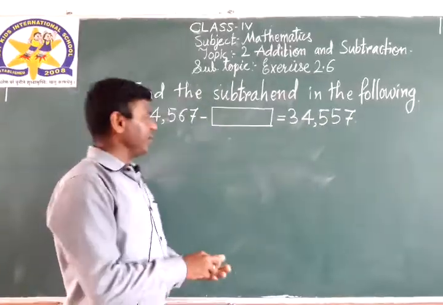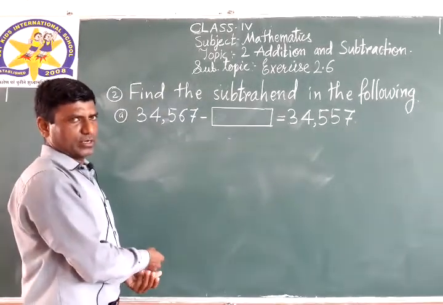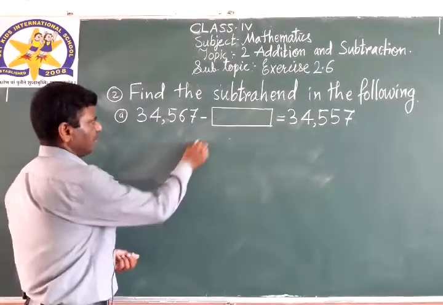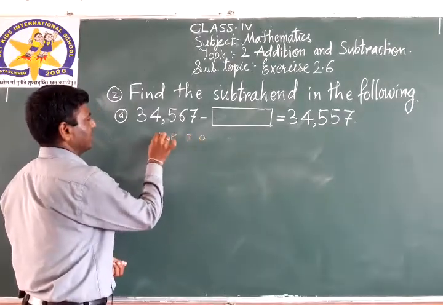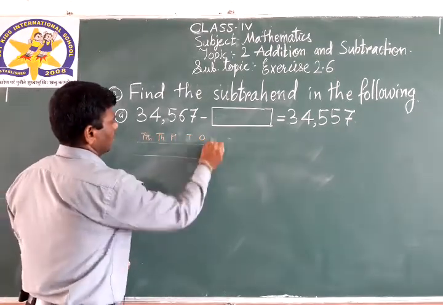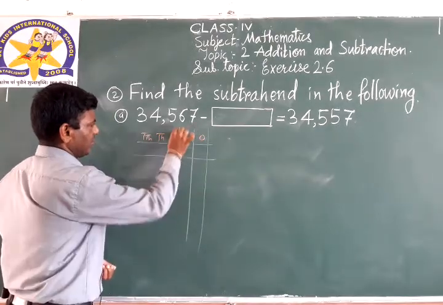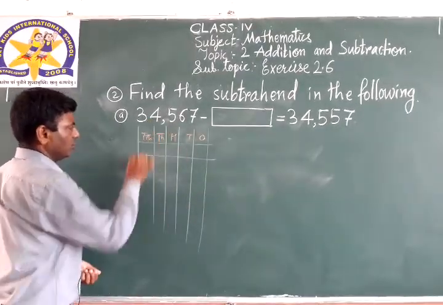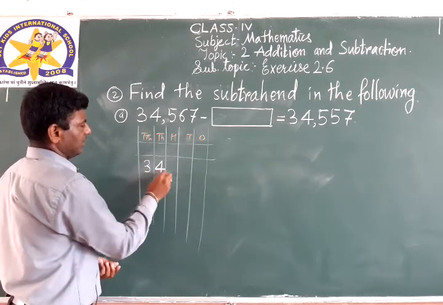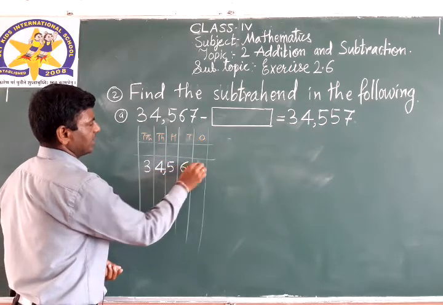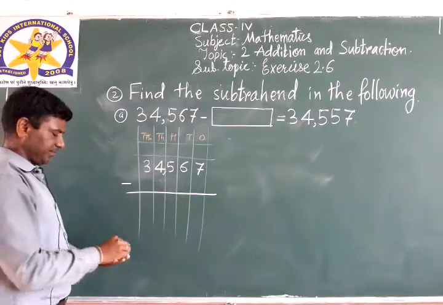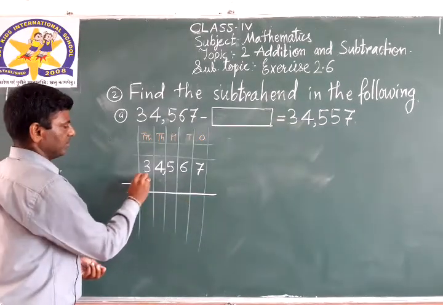Understand? If we write it vertically, see, ones place, tens place, 100 place, 1000 place, 10,000 place. How are we doing subtraction? We are making columns, use a scale or ruler for that. Write 34,567 minus, these places are missing.